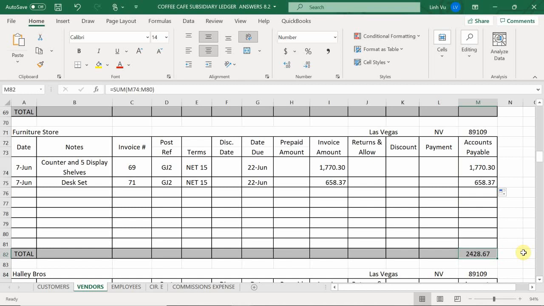We're not closing anything out. This is just so I know how much I owe the furniture store. At first I owed them $2,000, but because I increased another $600, now I owe them $2,400.